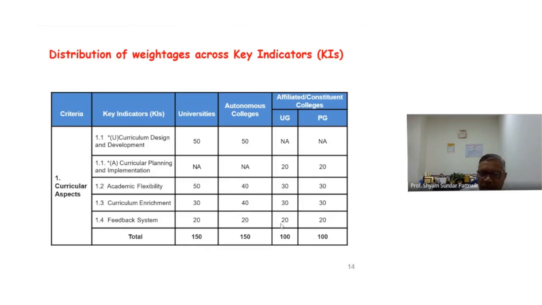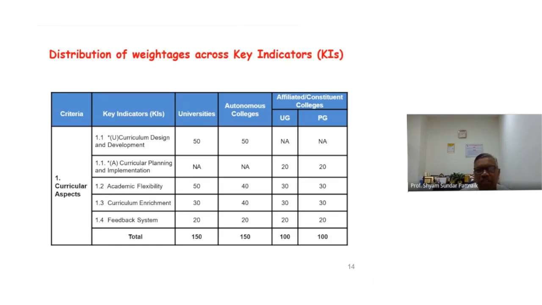Then feedback system on the curriculum, like you must be taking a periodic feedback. So if you see here in curriculum, the university marks is 150, autonomous college marks also 150, whereas for affiliated college it is 100 and 100. So the curriculum, out of 1000 marks, 150 marks is carried out in curriculum, out of which 20% weightage is given to the feedback system.